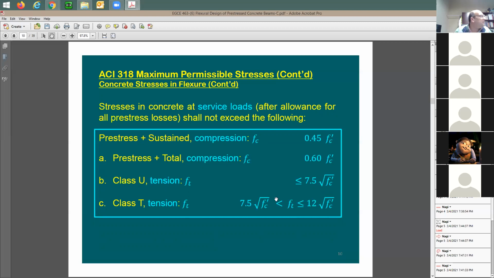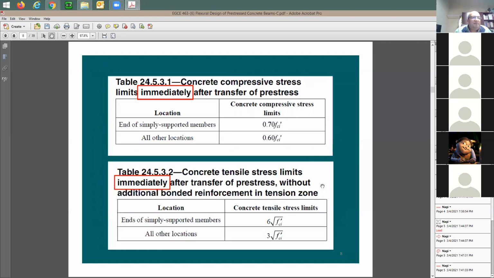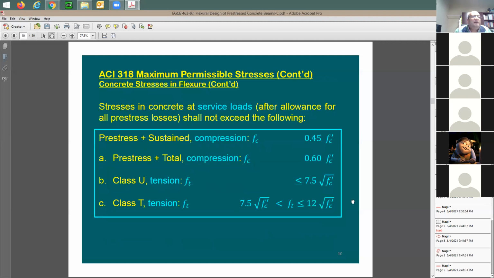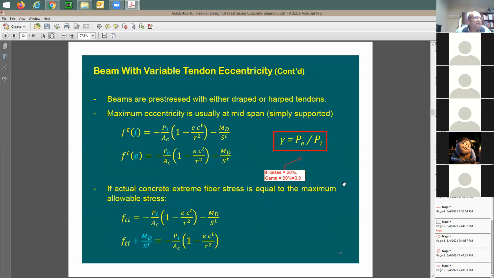So let's say I'd like to design here for uncracked. So the initial time is gonna be 3 square root of F prime CI. And at the service is gonna be how much now? It's gonna be equal to 7.5 square root of F prime C. So I have here two limits for the tension stress.